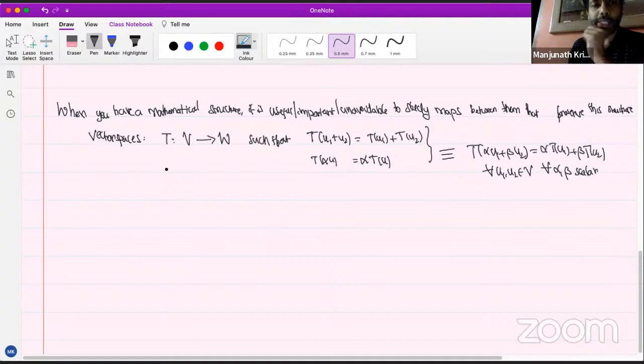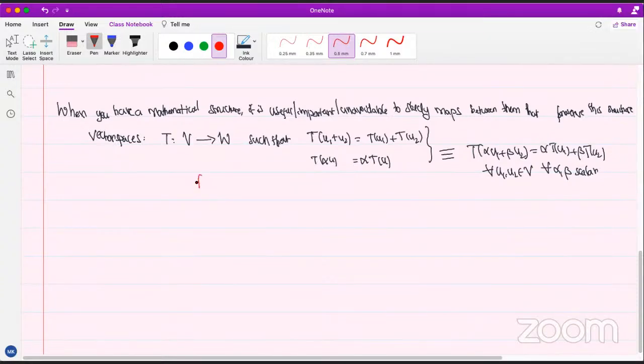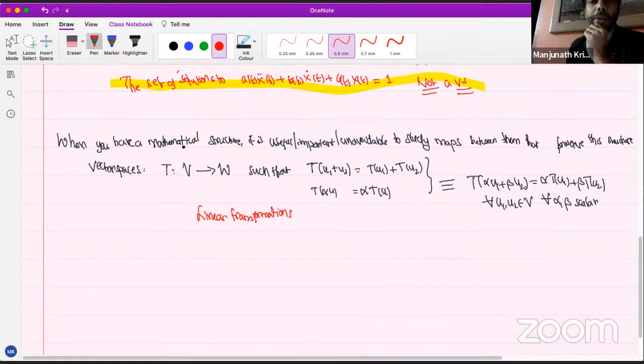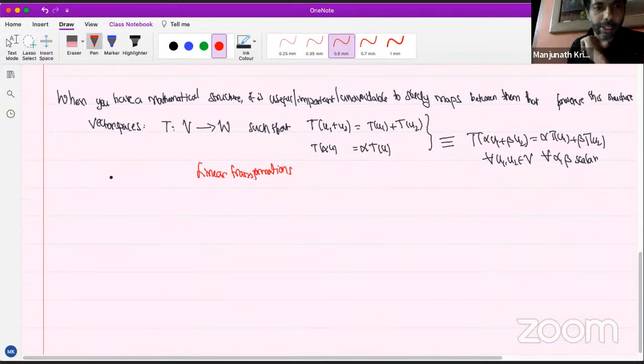So what are such maps called? Linear transformations. That is the name given to the maps between vector spaces which preserve the structure of the vector space, namely addition and scalar multiplication are preserved.